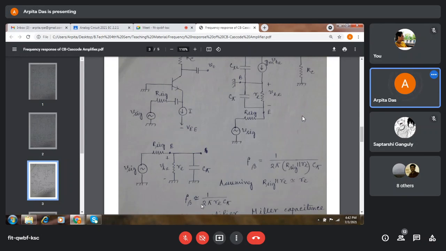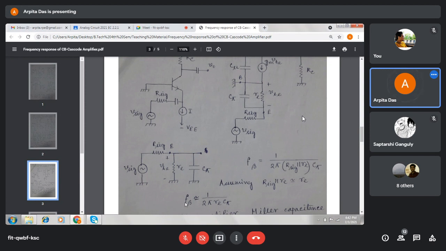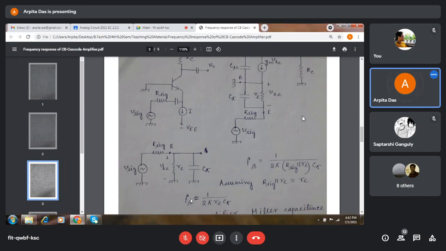So, what is the value of f_beta? It is much higher in the case of the CB amplifier. Since in the CB amplifier there is no Miller capacitance, which appears in the CE amplifier, the upper 3 dB frequency of the CB amplifier is much higher compared to the CE amplifier.